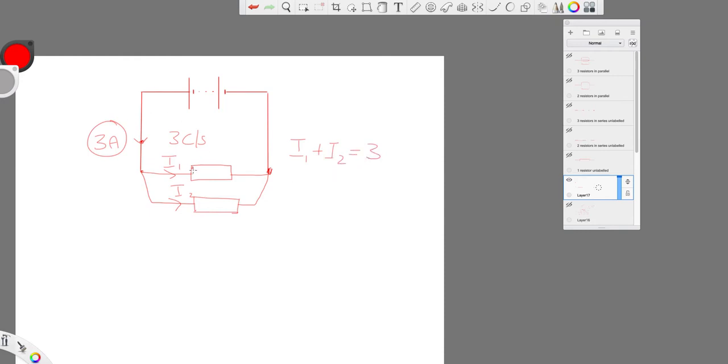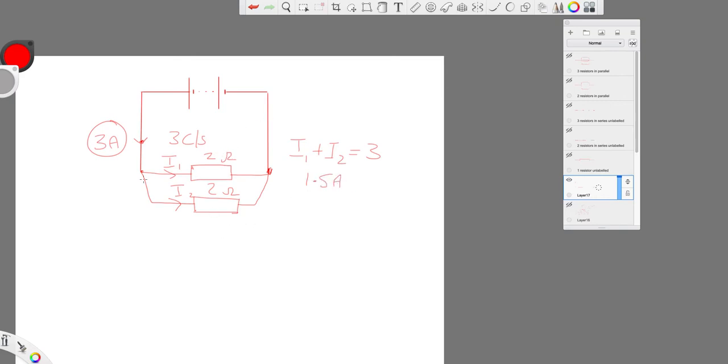Now, of course, how much of the current goes this way depends on how difficult this path is compared to that one. If this is really easy, then more of the current will go this way. If it's really hard, then more of the current will go the other way. So let's say we had 2 ohms and 2 ohms. Well, they're equally difficult or equally easy, so I1 and I2 are going to be exactly the same, 1.5 amps.